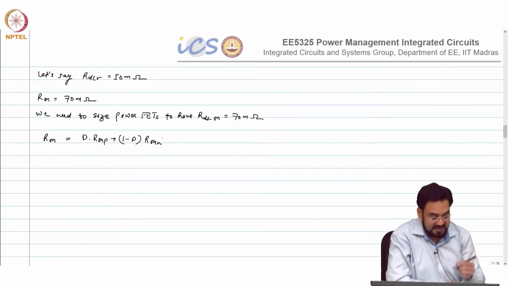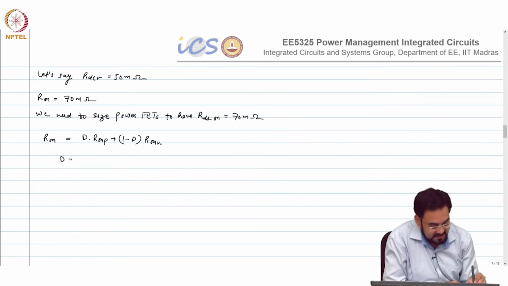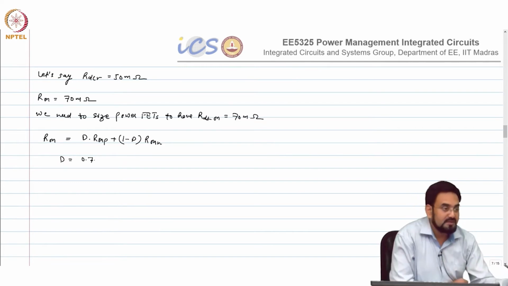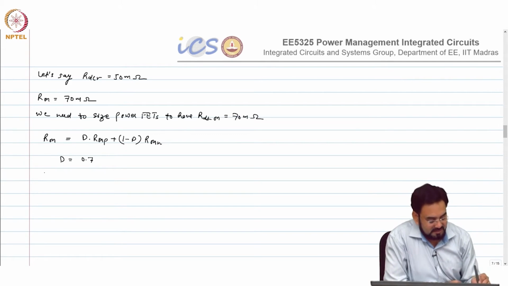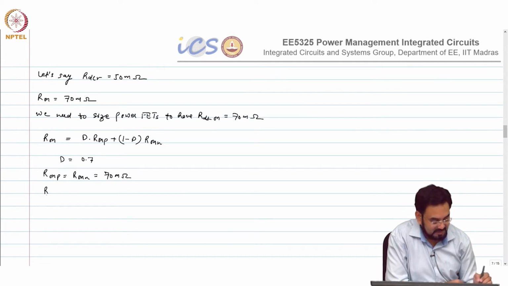Okay. So let's take an example. Let's say my D is 0.7. And if I keep R on P equal to R on N equal to, let's say, the same 70 milliohm, then that's one case.